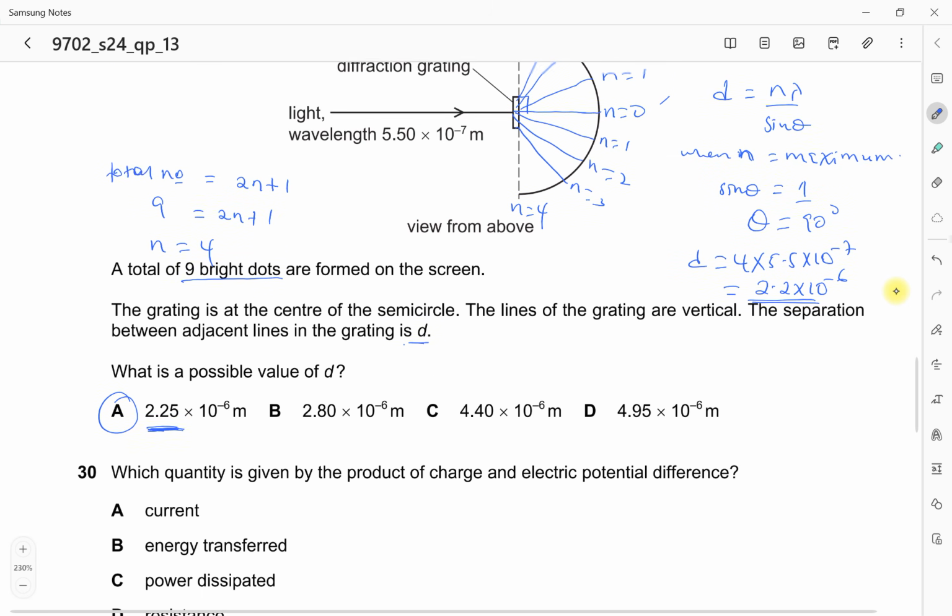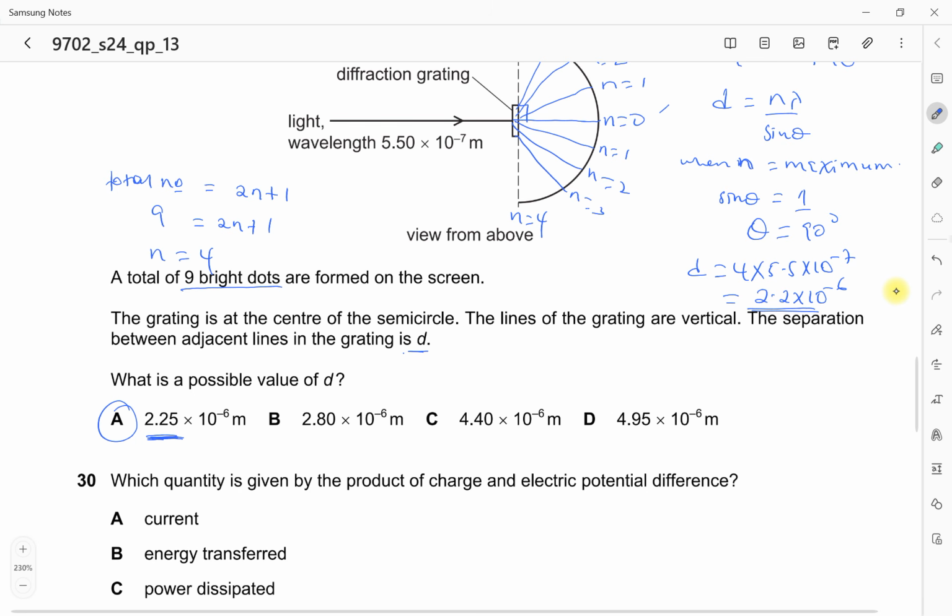By the way, for question 29, you can prove backwards. You check these values to see which one gives you a whole number as 4. We can check backwards.